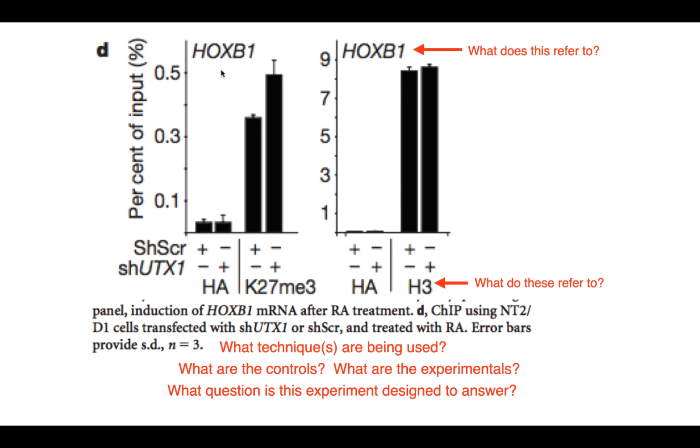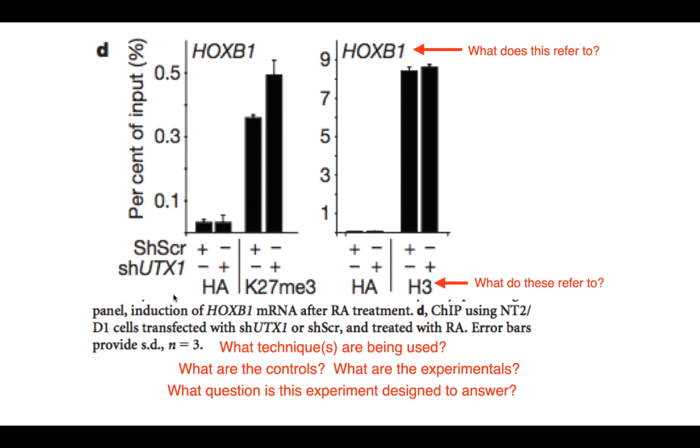And so we have a whole bunch of controls here. We're looking at cells that either express our negative control microRNA that targets the scrambled messenger RNA, or our experimental cells that express a microRNA that targets UTX messenger RNA.